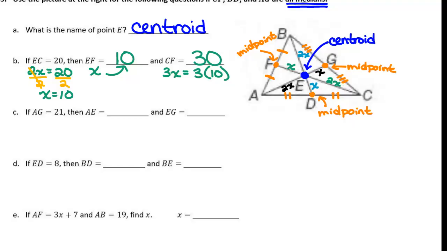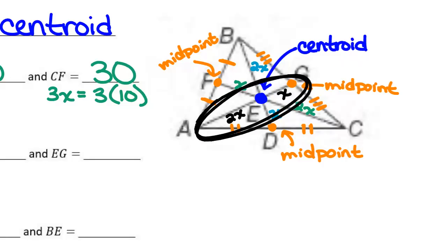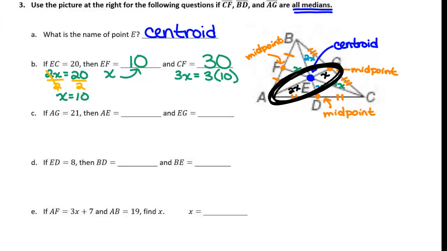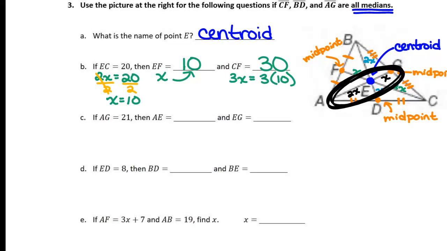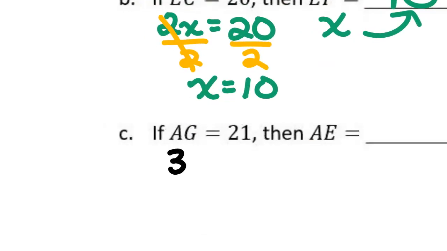All right, let's look at this next one. It says AG, this right here, is 21. How many x's is that? 3 x's. I have 2x on one side and x on the other, so that's a 3x. So 3x equals 21.